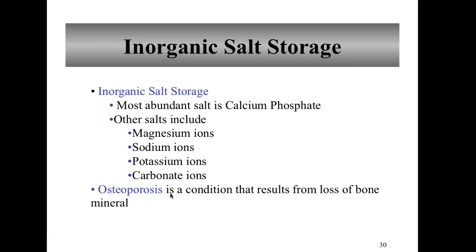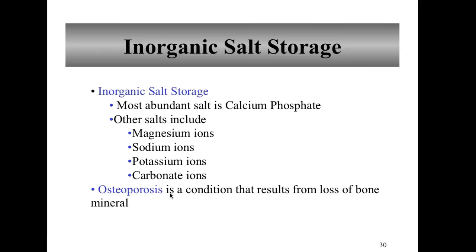Recall that parathyroid hormone, PTH, which is secreted by the parathyroid gland when blood calcium levels are low, is going to stimulate osteoclast activity, which allows for the reabsorption of bone, which releases calcium 2 plus ions into the blood.